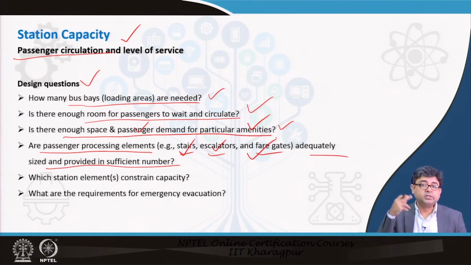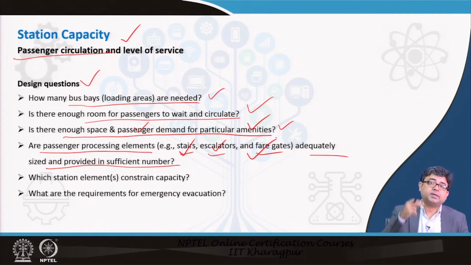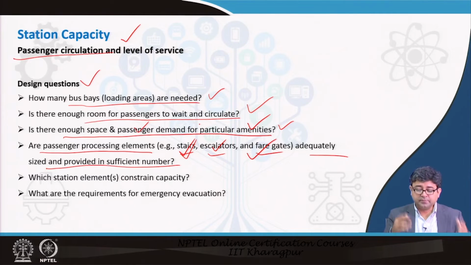So, through these questions you are able to get an understanding of what the elements in the station areas are and what their capacities are. So, you have to calculate the capacities of these, for example, the capacity of stairs: how many people per hour can a stair accommodate, right? How many people per minute can go through those automatic fare gates, right?